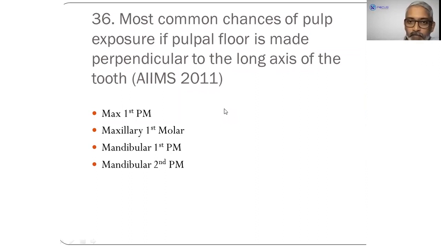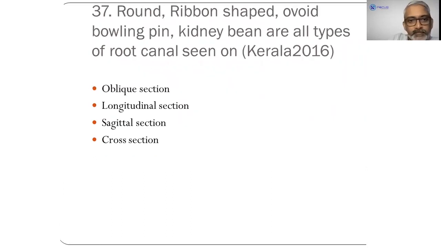If you make the pulpal floor perpendicular to the long axis of this tooth, we told, mandibular first premolar, what happens? You have the crown with a lingual tilt. So if the crown has a lingual tilt, naturally it has a tendency to get a pulp exposure. This was asked in Kerala entrance 2016.